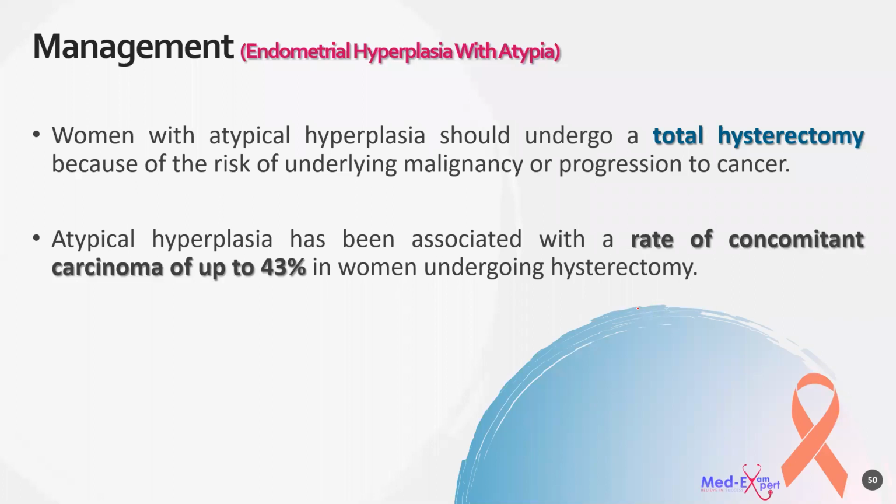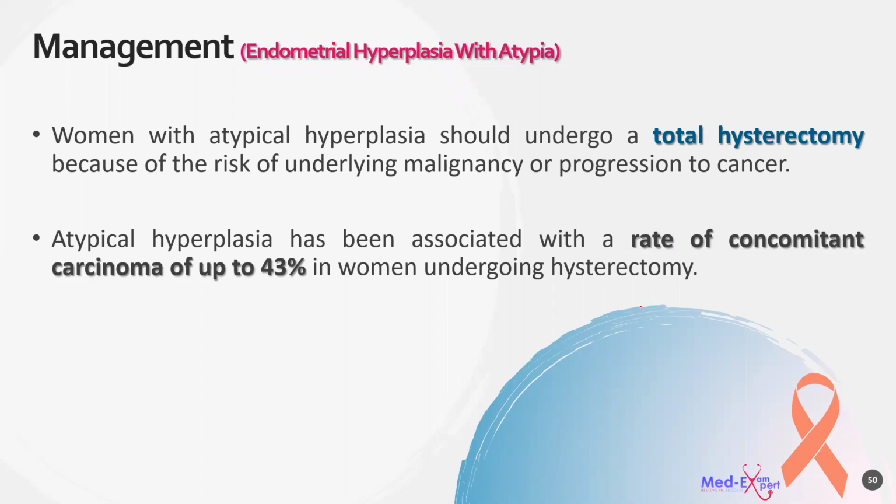So sometimes you diagnose a case of atypical hyperplasia and the patient accepts hysterectomy, and when you do histopathological examination of that uterus in the pathology lab, you find some areas of endometrial cancer within the endometrial cavity. So the risk of malignancy is very high. So the first line of treatment here is surgical total hysterectomy.